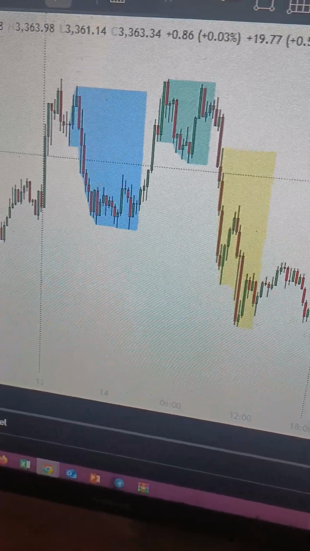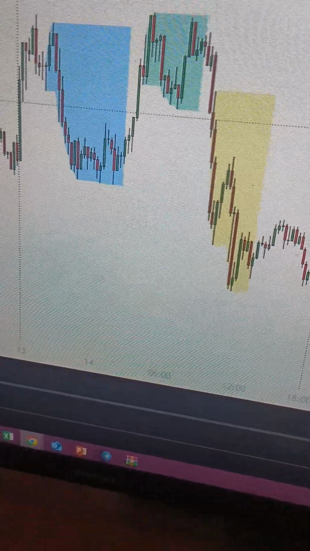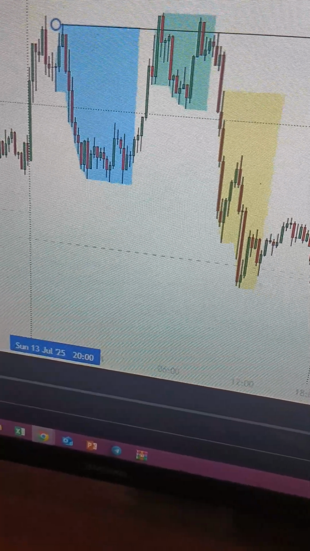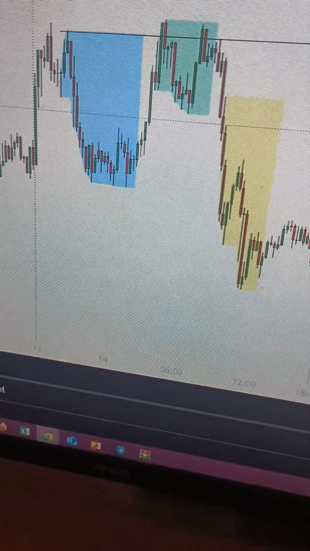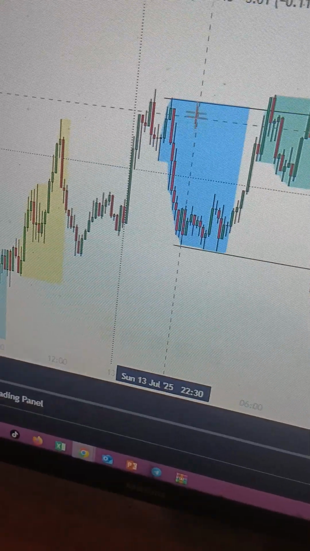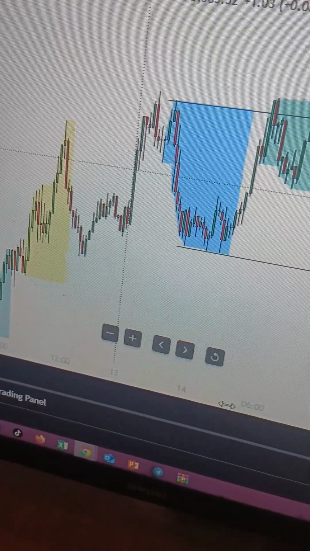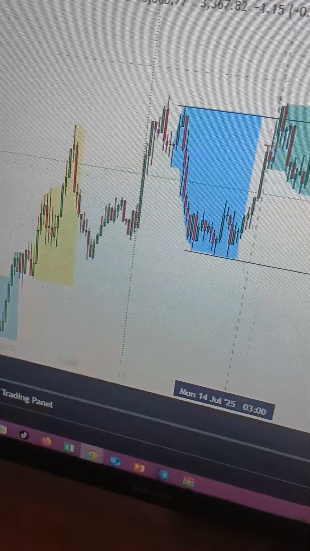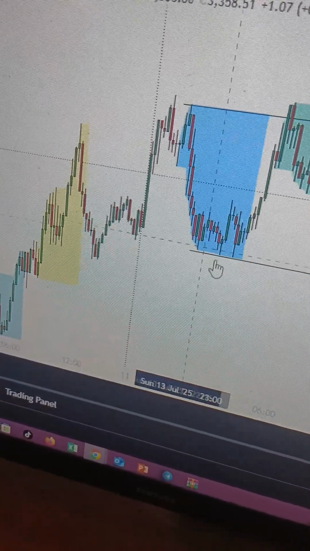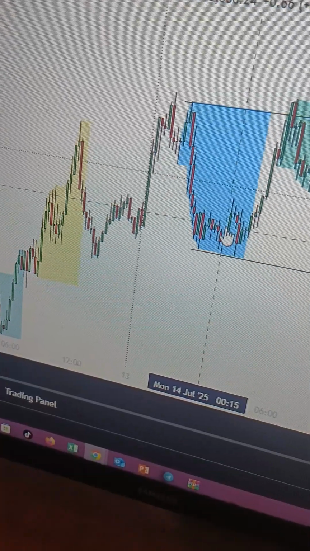For this strategy, we're going to be using the Asian range high and the Asian session low as our areas of interest. The Asian session is known for creating liquidity.